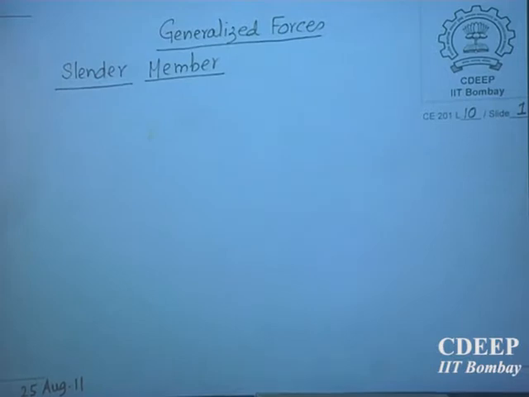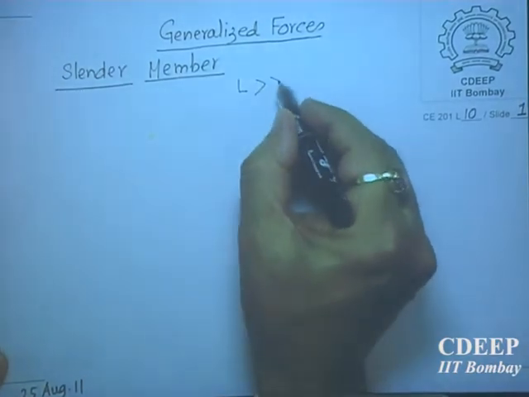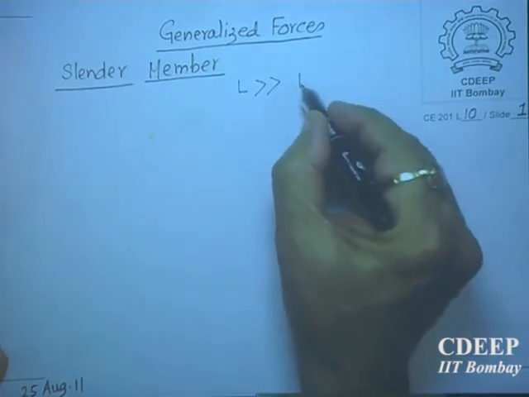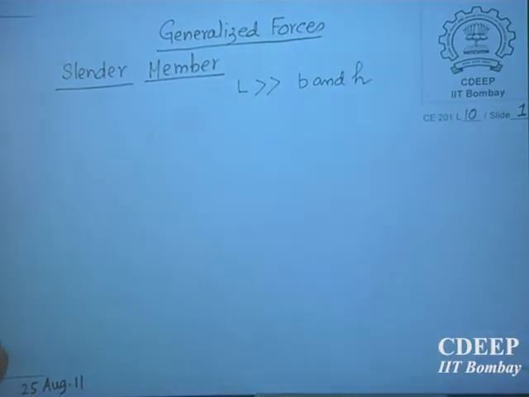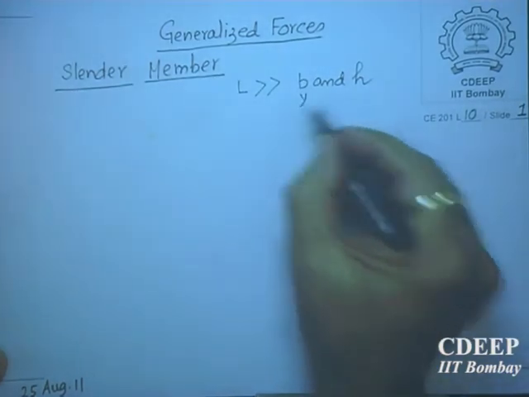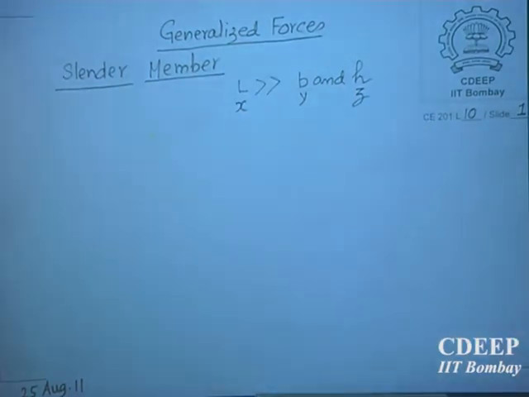So it is called slender, when length is very large compared to B and H. Let us say, if you call that Y and this Z, this X, so it is a slender member. So we will be dealing in this course with slender members.